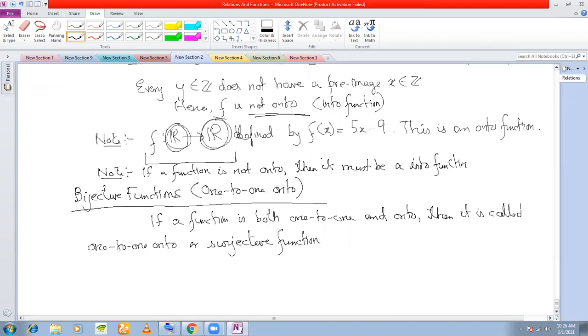So whether you say one-to-one onto or bijective, this is synonymous.